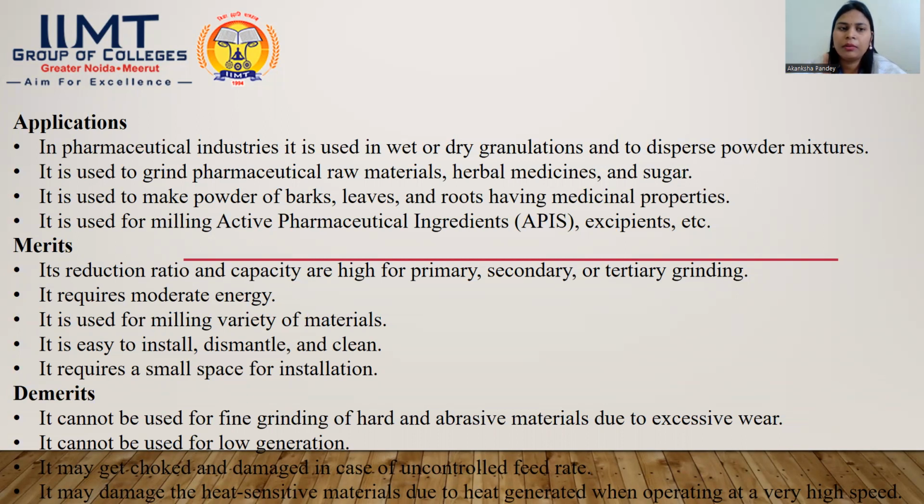In the milling procedure, if we put an unnecessary amount of material into the shaft through which the feed goes inside the machine, it will get choked, and heat will also be generated at high speed. So it may damage compounds that are heat sensitive, since it produces high heat at high speed. Okay.